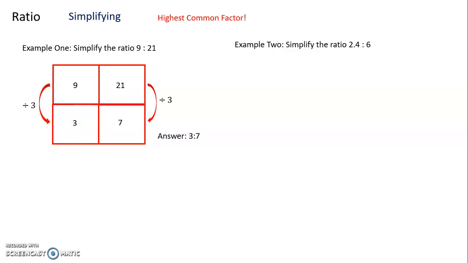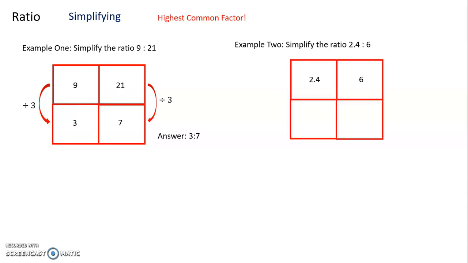Right, next example, simplify the ratio 2.4 to 6. So you might be expected to simplify ratios where you don't have integers, where you have decimals. And the technique is exactly the same. I've got my proportion grid, and I am looking still for a number that will divide into both 2.4 and 6.